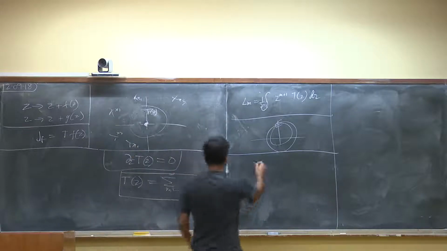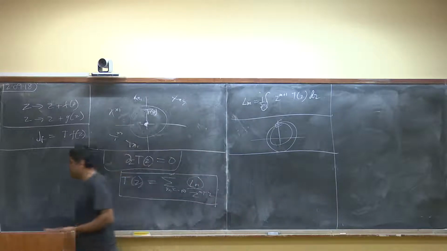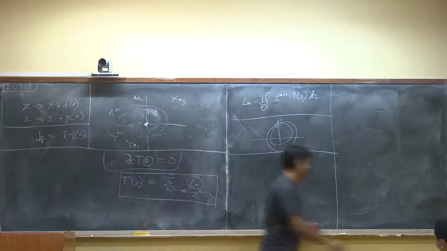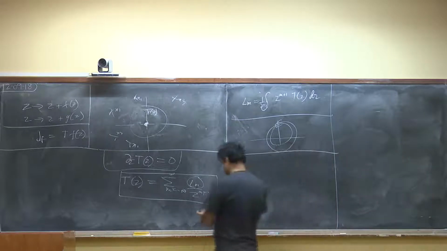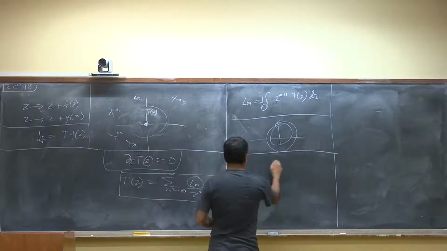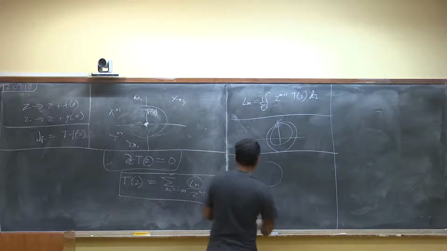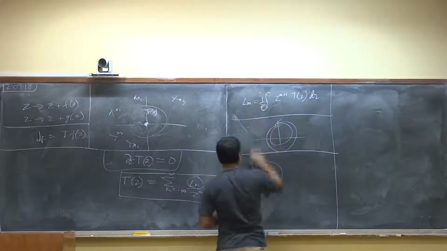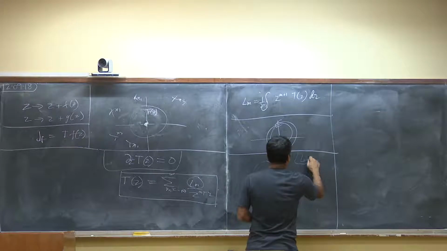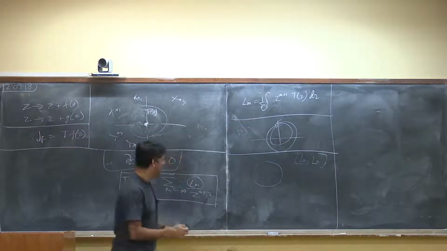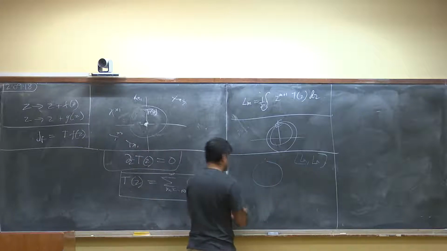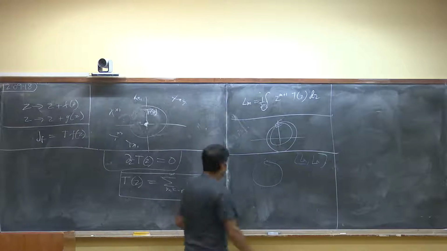So this is the manipulation with two colors. Suppose I want to compute LM and LN. LM is the guy with the blue contour, and LN is the guy with the green contour.